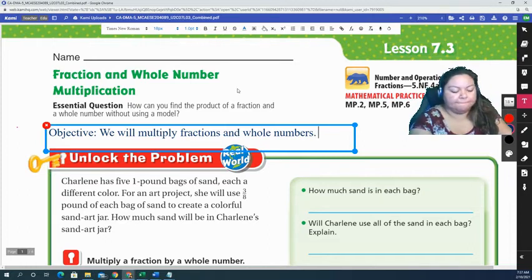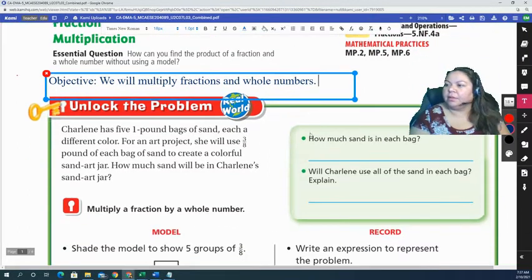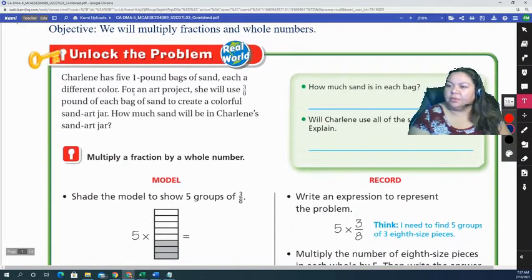We have here, Charlene has 5 1-pound bags of sand, each a different color. For an art project, she will use 3/8 pound of each bag of sand to create a colorful sand art jar. How much sand will be in Charlene's sand art jar?